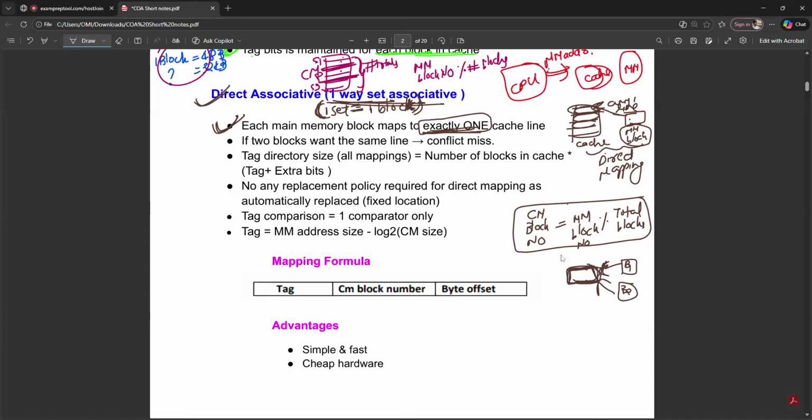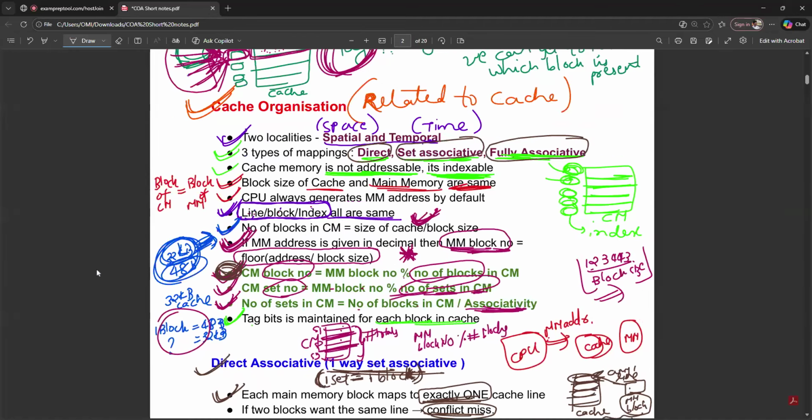This is called a conflict miss, because both b1 and b2 are fighting for this particular block. They are conflicting with each other.